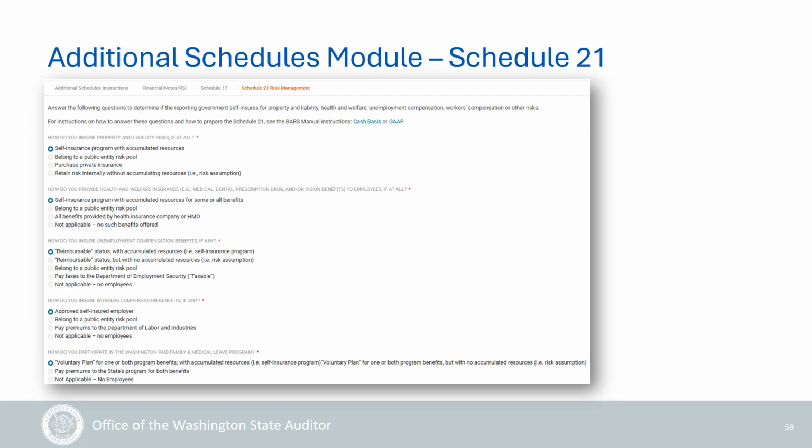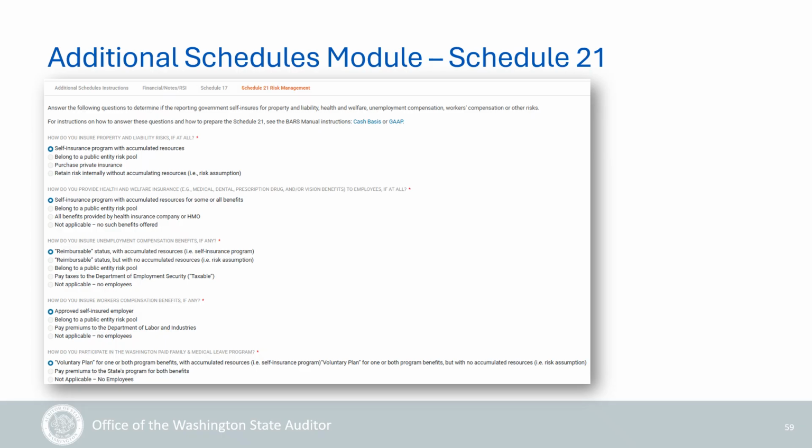This step now is for the Schedule 21, which is a requirement for all local governments to complete. So it will be included in everyone's annual report within the additional schedules module. It is required to answer all questions on this step for how your government handles risk management.